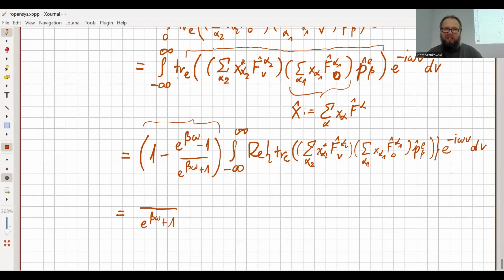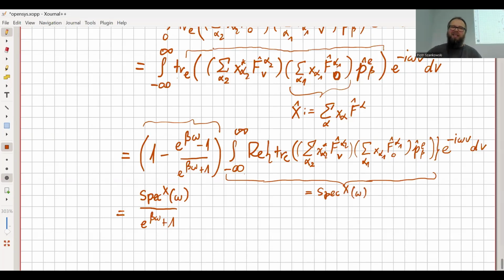in the denominator, and the Fourier transform of a real part of a correlation function is something I hope we already said, something we call spectral density. So this guy here would be a spectral density of observable X at frequency omega.